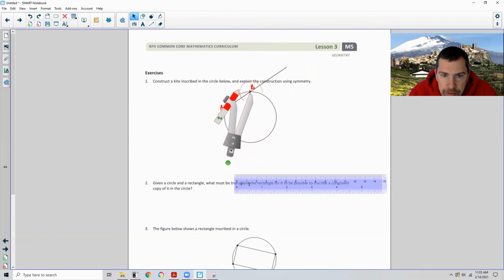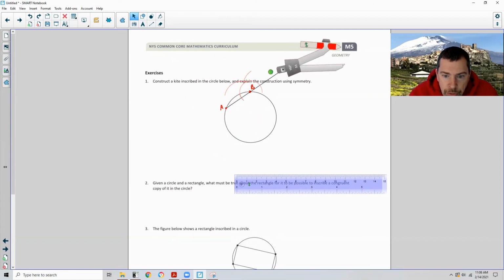And then we're going to put this on an endpoint, not B, you just did that. Put that on an endpoint like so. Let's open it up a little further and draw an arc. Bring it over to this endpoint of that segment we created with the two arcs and draw another arc.